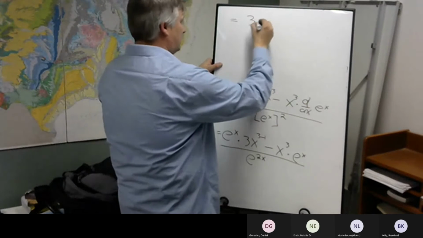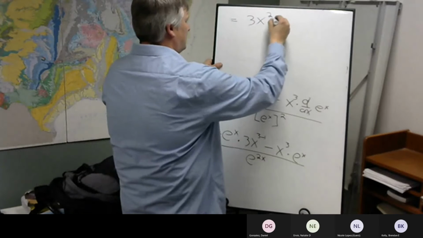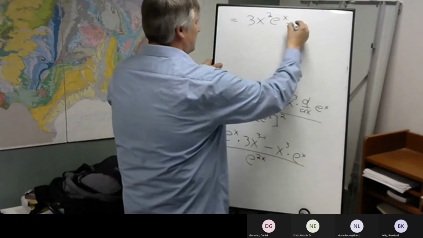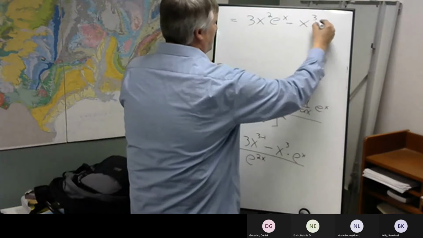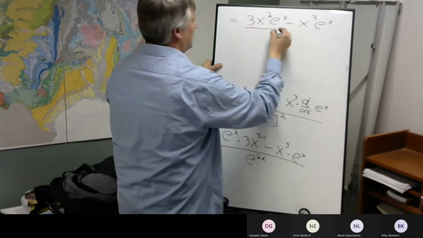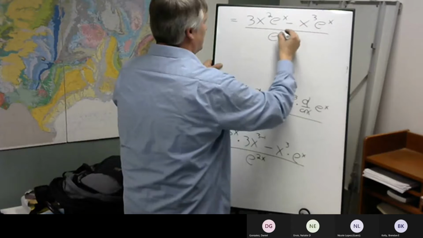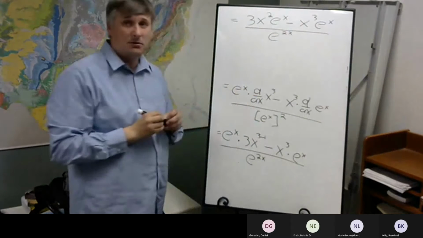So this will be 3x squared e to the x minus x cubed e to the x over e to the 2x.